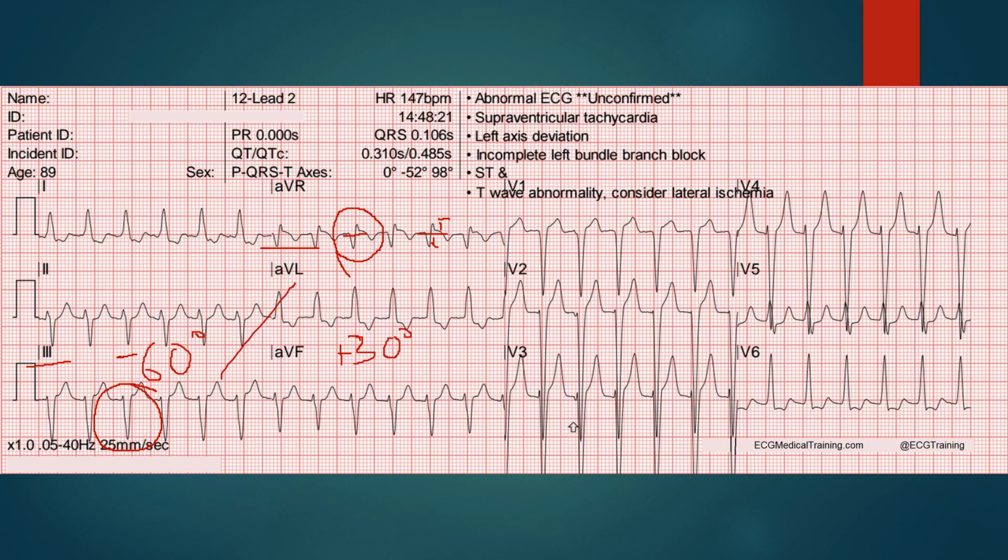Minus 60 is here and plus 30 is here. We have to travel 10 or 15 degrees. So it will be around minus 45 or minus 50. Here the automatic machine has calculated it as minus 52.